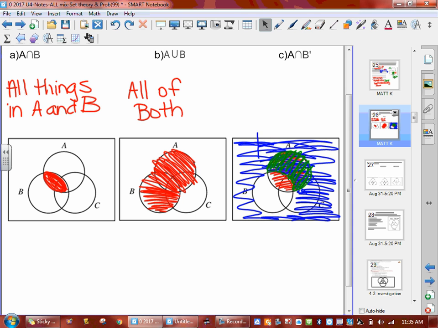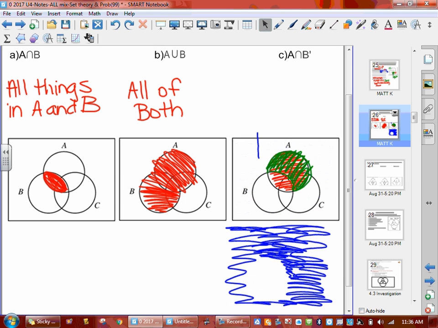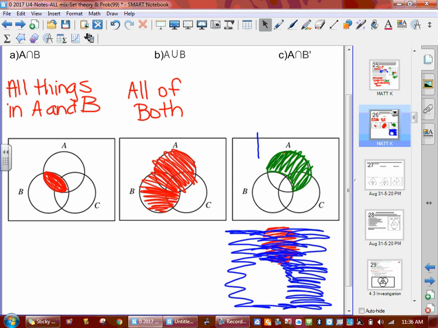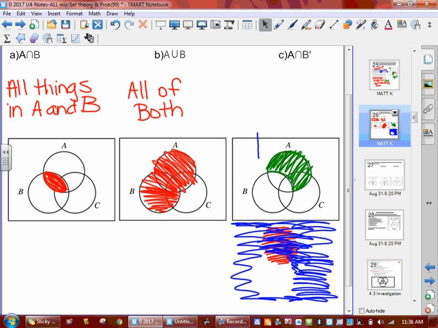But I can't include this B circle at all. Okay, so if I take that away, between the red and the blue, what part was shaded? Just this green was overlapped. So with A and B prime. Yes. Got it. That's right.